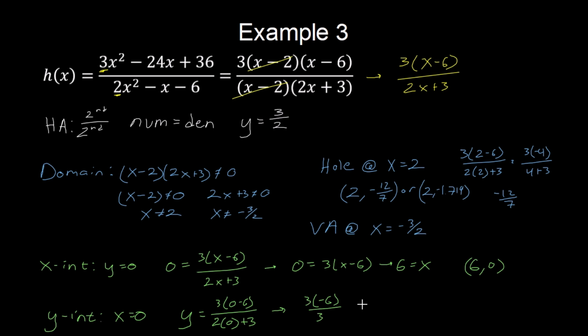Well, those 3's cancel out, and I am left with y equals negative 6. So this tells me that I have a y-intercept at 0, negative 6. So here's all the information that we've got. Again, just like the last two times, we are going to plug this into Desmos and see if our information is supported by the graph.